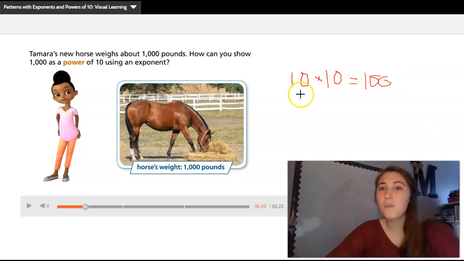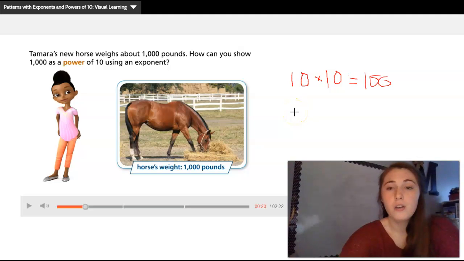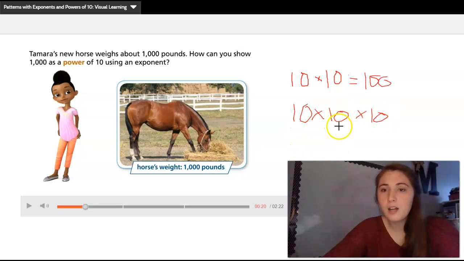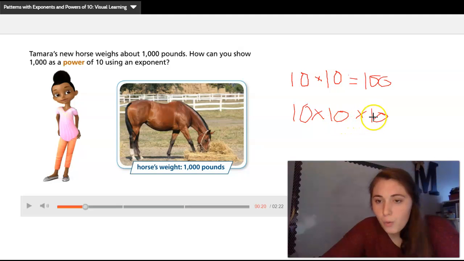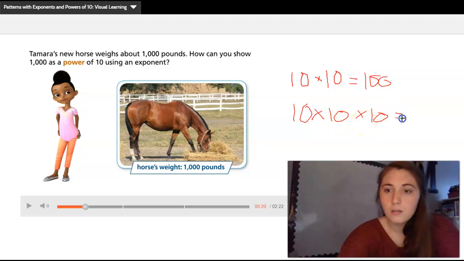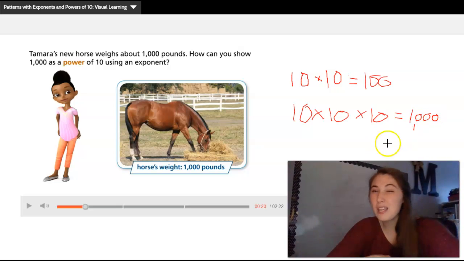So I think I need to multiply by another 10. If I have 10 times 10 times 10, I know 10 times 10 is 100, so 100 times 10, I do 100, and then I annex my extra 0. And that gives me 1,000.